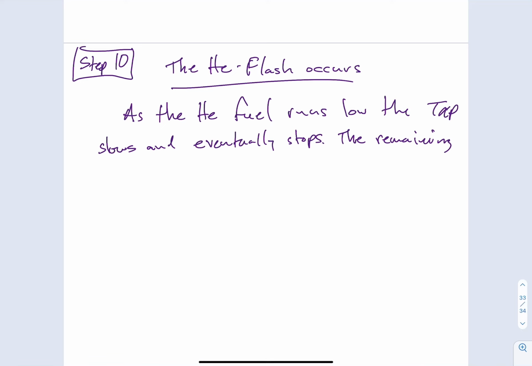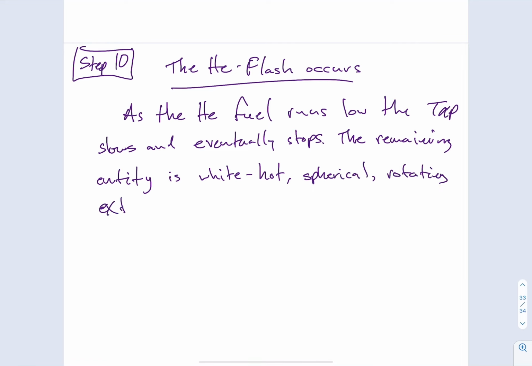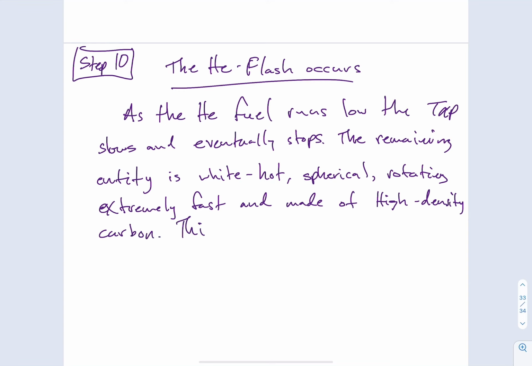The remaining entity is white hot, spherical, rotating extremely fast, and made of high-density carbon. This entity is known as a white dwarf.